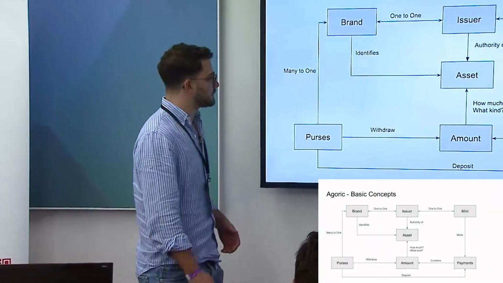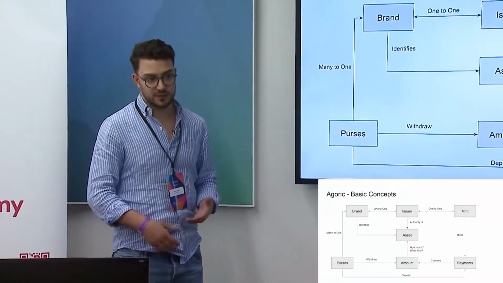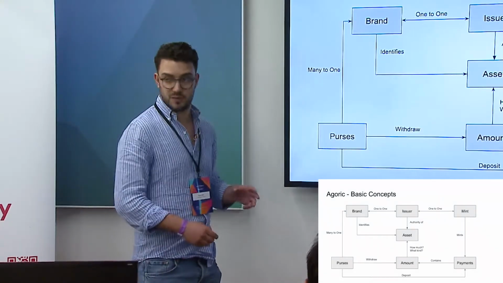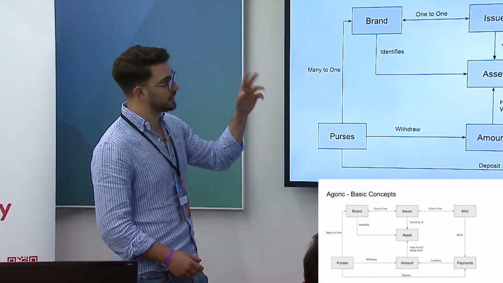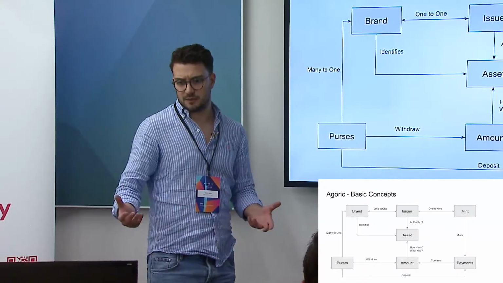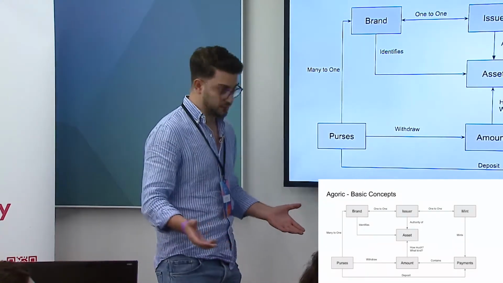That's most of what we're here for. How is a digital asset represented in Agoric? There are three main entities that you should always be aware of, which are the issuer, the brand, and the mint. The issuer is kind of the authority of the digital asset.